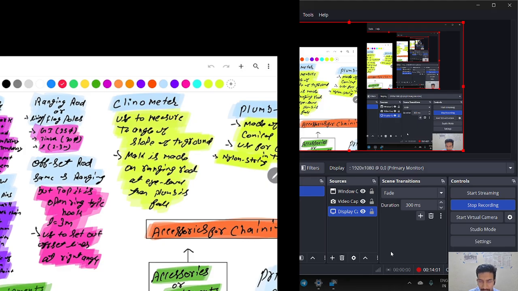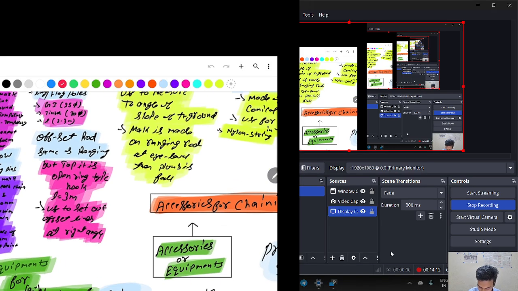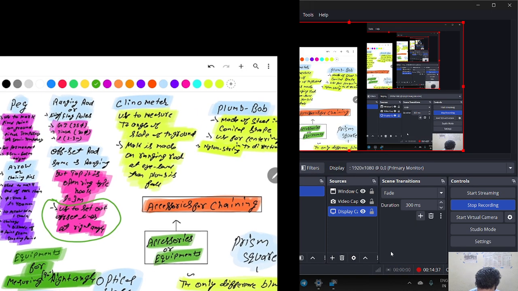It is used to set out offset lines at right angles. Usually all offset rods are 3 meter.